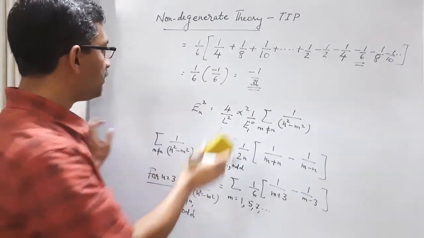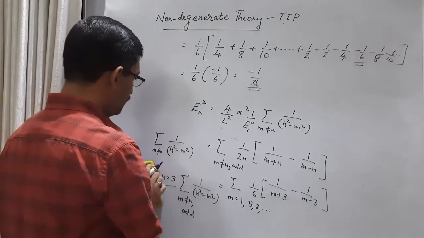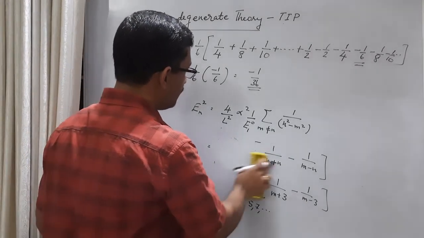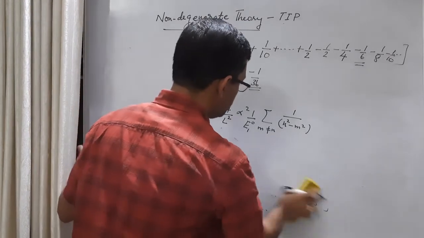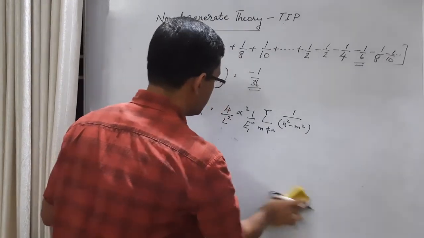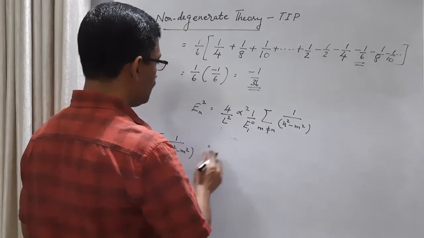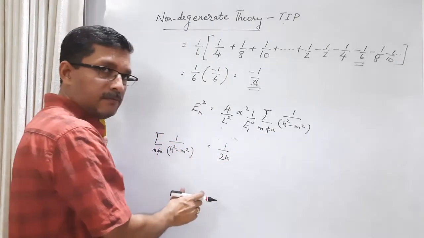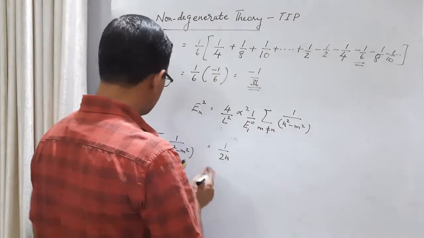Okay. So in this way we can proceed. We can proceed for different values of n. And the result will be always, there is an extra term 1 by 2n first, right? See, what was this summation?